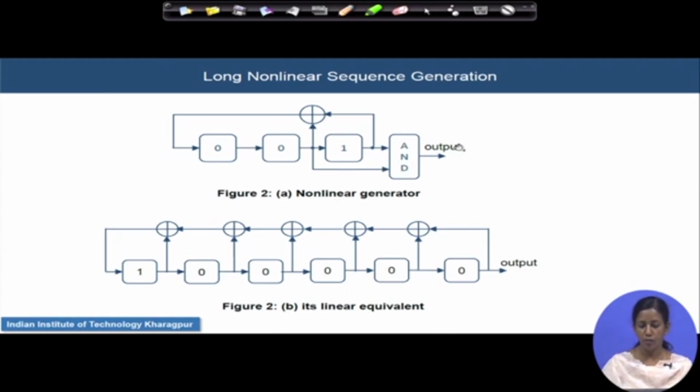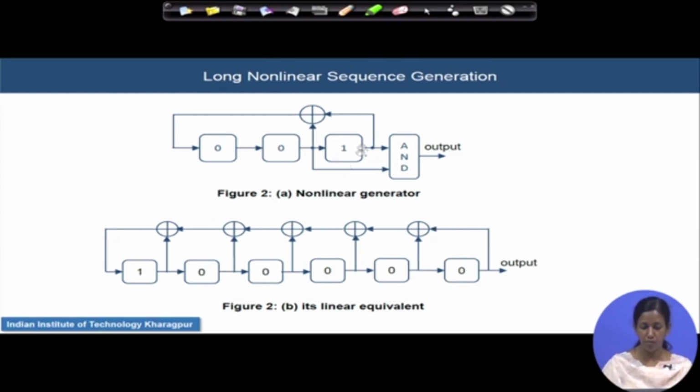If you see the structure of the code generated at the output of the AND gate, the sequence that is getting generated can also be produced by its linear equivalent, where the total number of stages is equal to 7.